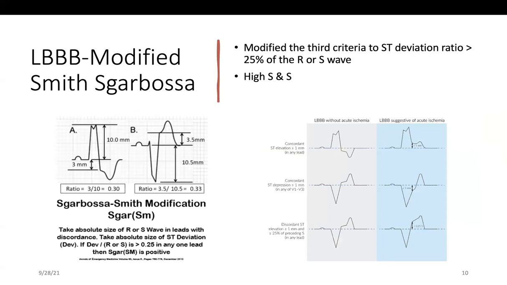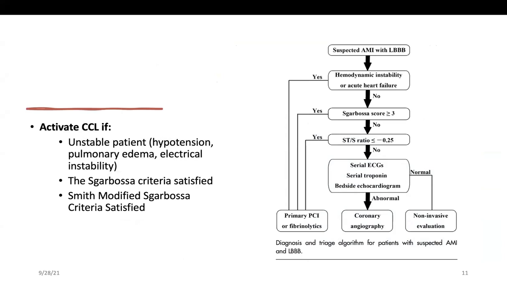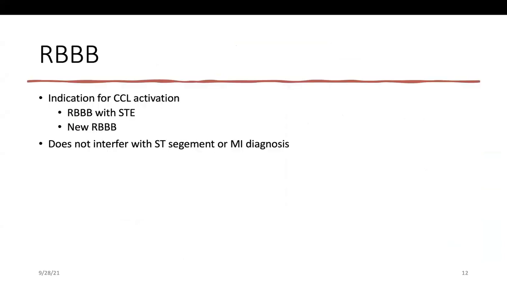For the modified criteria, it's the same, but the third criterion will be 25% of the R or S wave, the ST deviation. It has high sensitivity and specificity compared to Sgarbossa criteria, and we've discussed this algorithm for diagnosing MI in left bundle branch block.